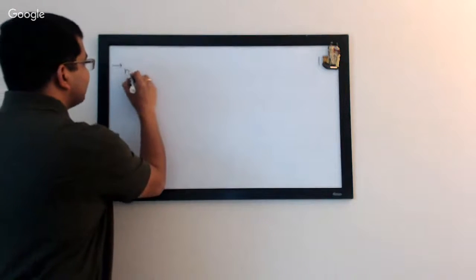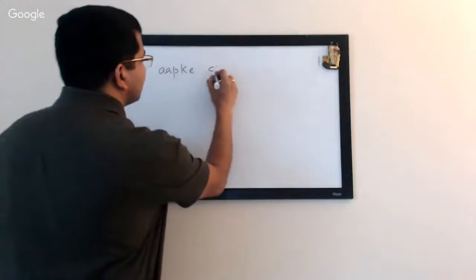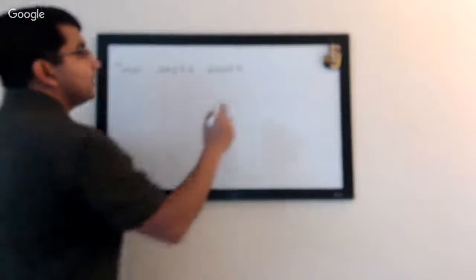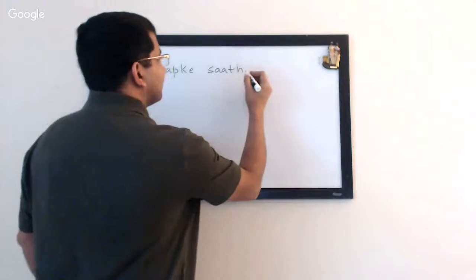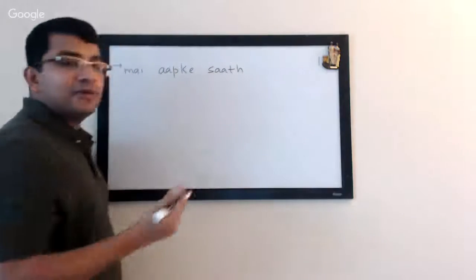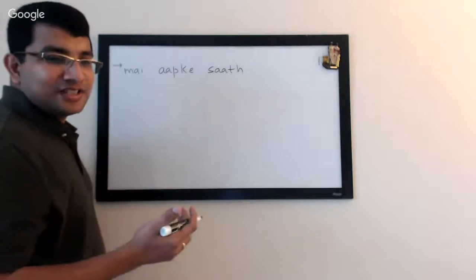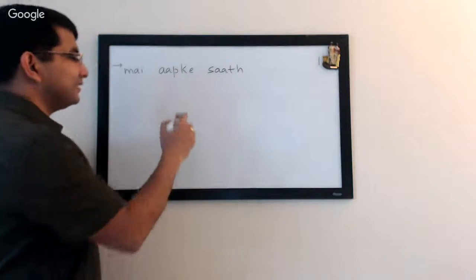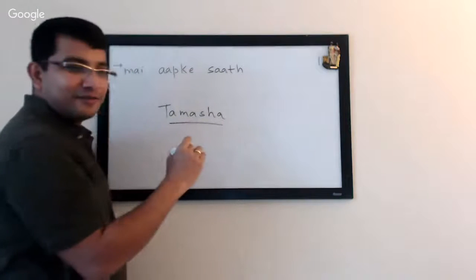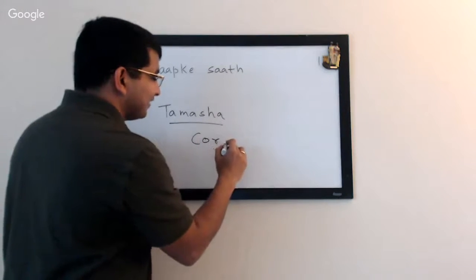Third one, I'm going to do it myself. So मैं आपके साथ, let's say, tell me the name of a very beautiful country. Have you seen this movie, Tamasha? They covered a French place, Corsica. I hope I'm writing it correctly.